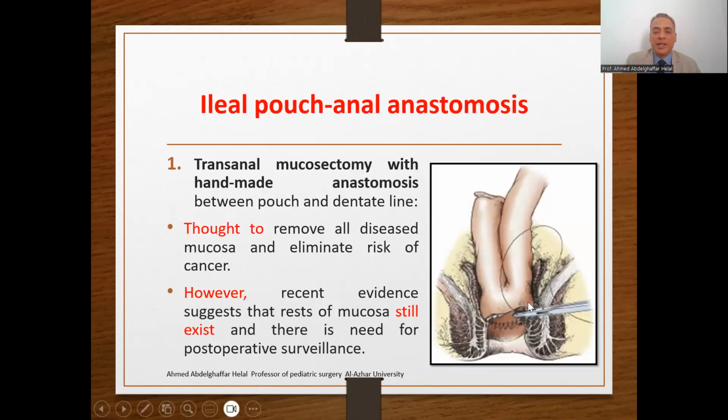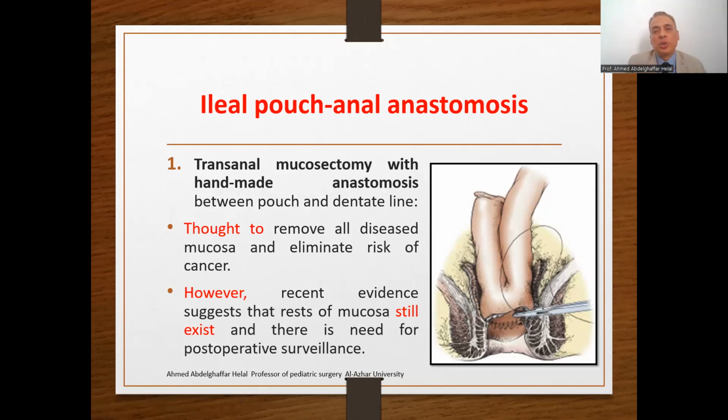Ileal pouch anal anastomosis can be performed using a handmade anastomosis or using circular stapling. What is the difference? Regarding handmade anastomosis, the surgeon usually performs mucosectomy, removing the distal rectal mucosa, and performs the anastomosis just at the dentate line.